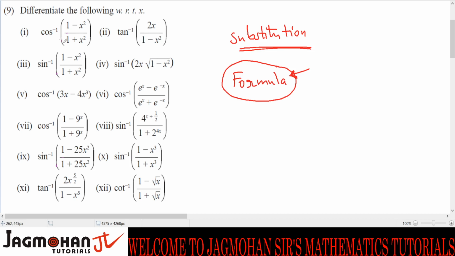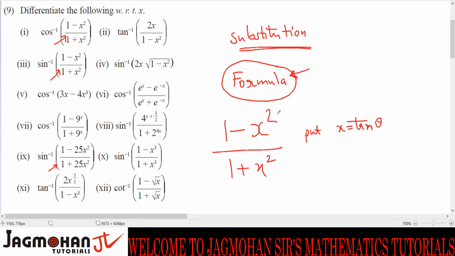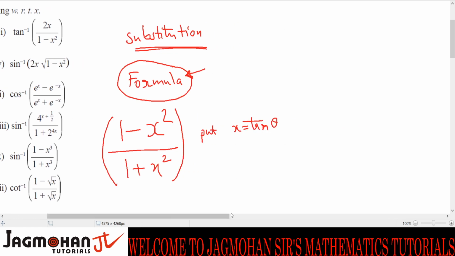Now, in the previous video we spoke about this kind of expression, 1 minus x square upon 1 plus x square. We noticed that whenever we have an expression in this form, putting x equals tan theta gives me one very important formula, the formula for cos 2 theta.